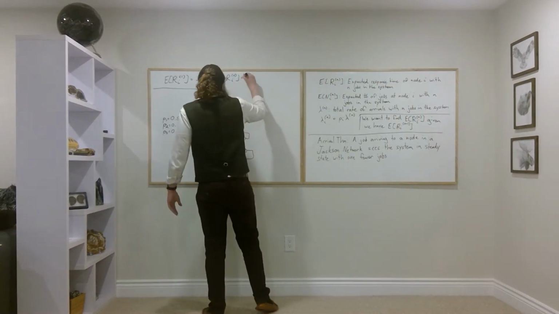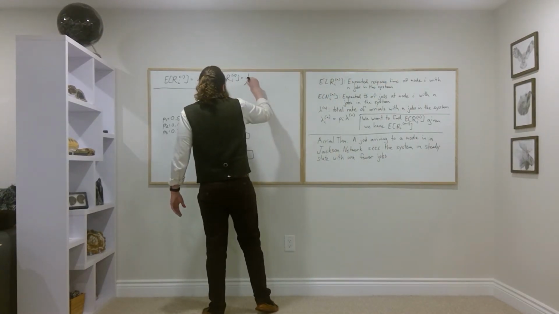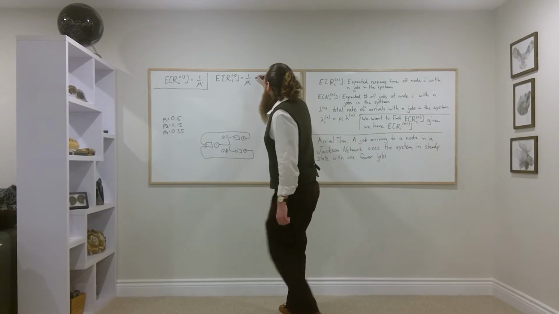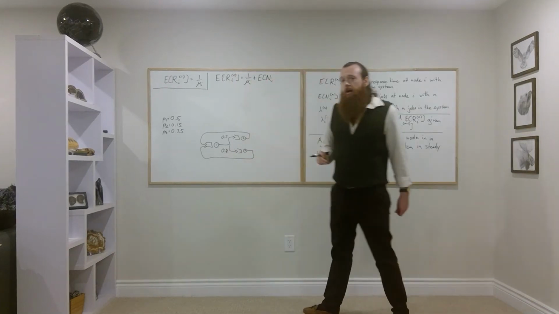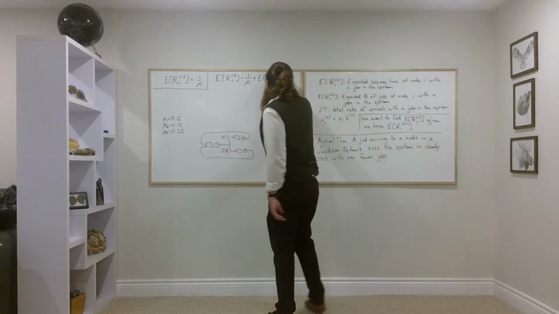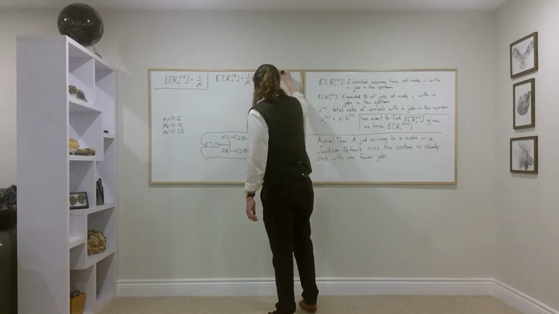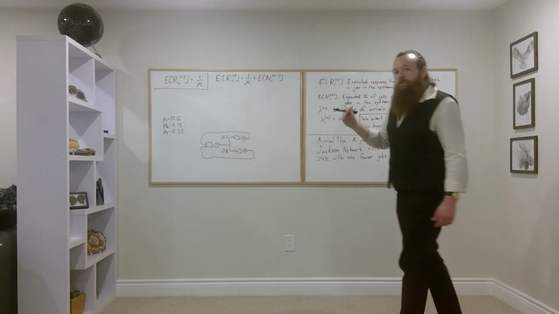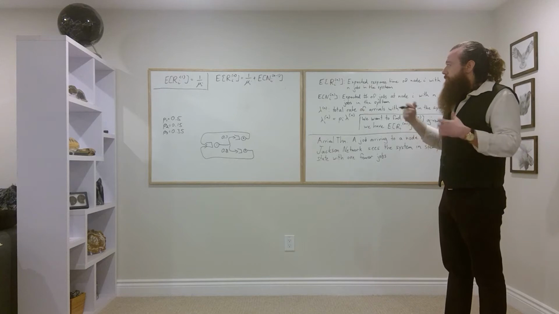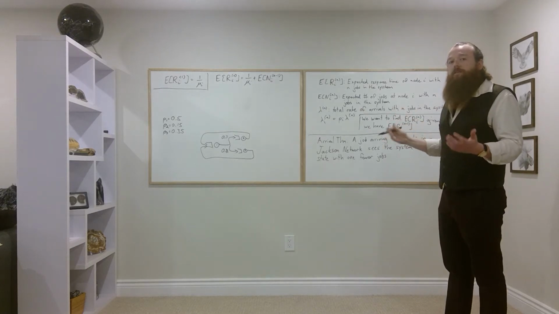Okay, so I have my service time, 1 over mu I, plus the expected number of jobs at node I with n minus 1 jobs circulating. And for each of those jobs, I'm going to have to wait for it to complete its service time.